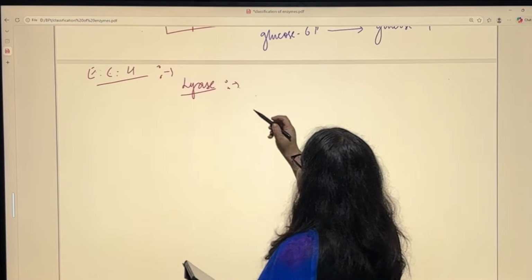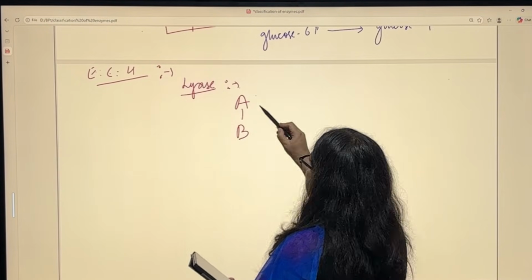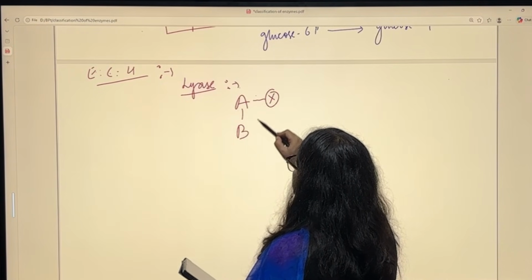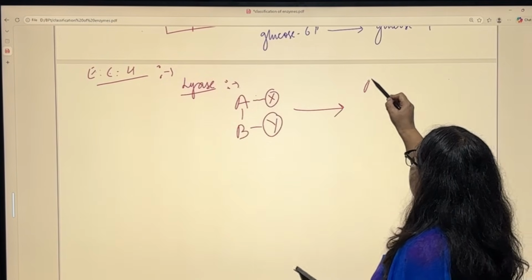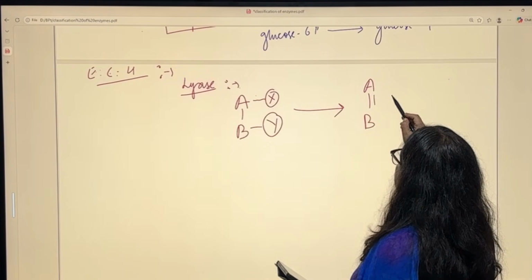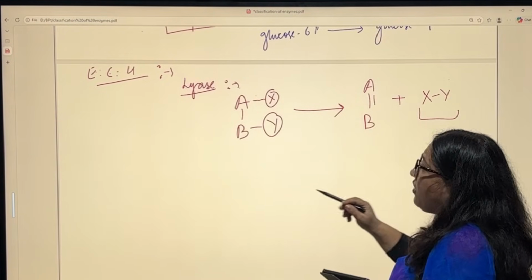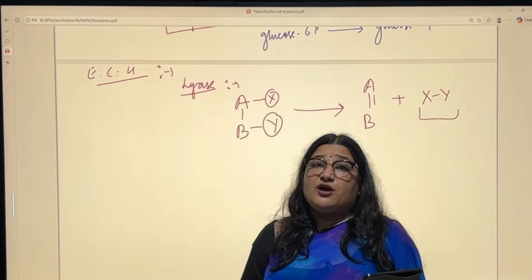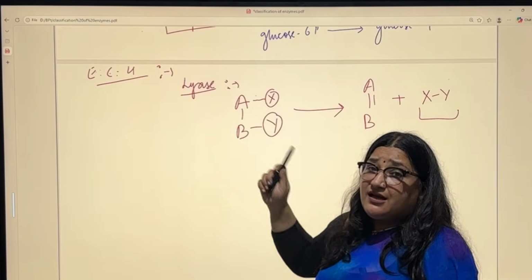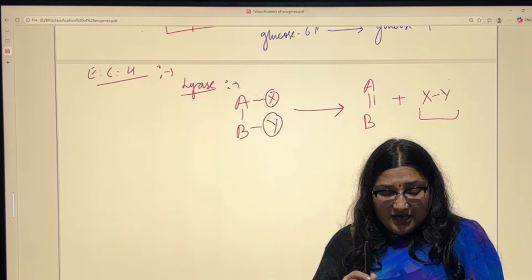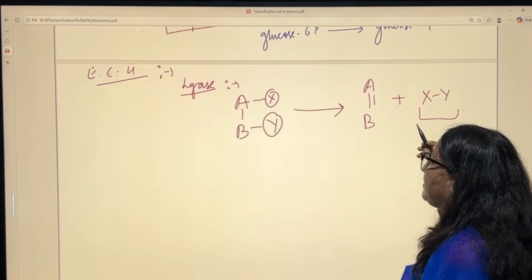Let us give an example. Let us say this is AB and it has some groups X and Y. This is the substrate, and it is converted into product. A and B will contain a double bond and XY will be eliminated. This is the cleavage of a bond without addition of water. If water had given hydrogen, a double bond would not appear, because the four valencies of carbon would be fulfilled. Here a double bond will come.